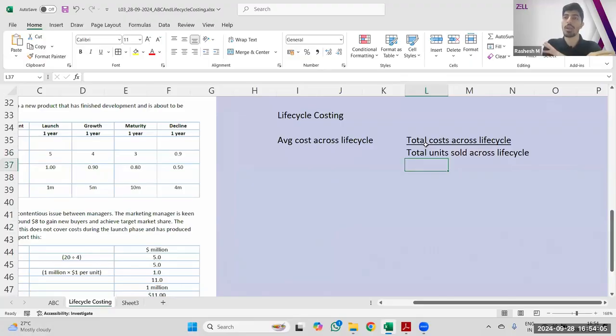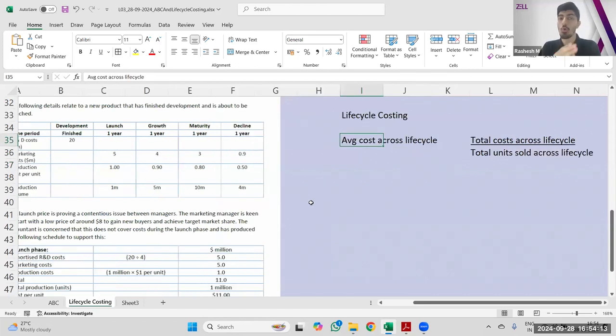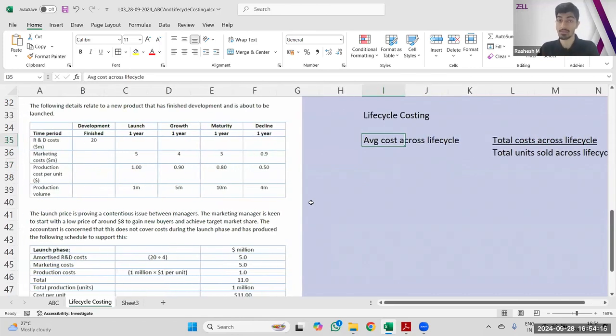So simply put, you'll have to add all the costs divided by all the units sold, and that is your average cost across the life cycle. The idea is that over time, you spend less and less money. Like marketing costs are reducing because you're scaling, your production cost per unit is reducing. So why not find out an average and reflect the correct market price, taking this into consideration?